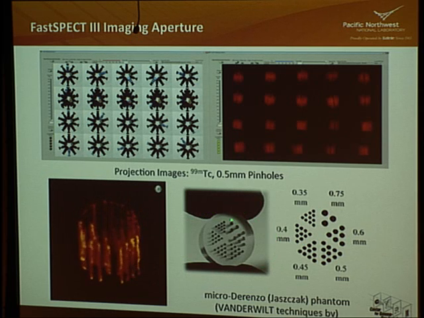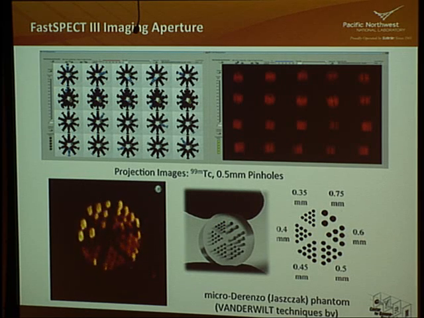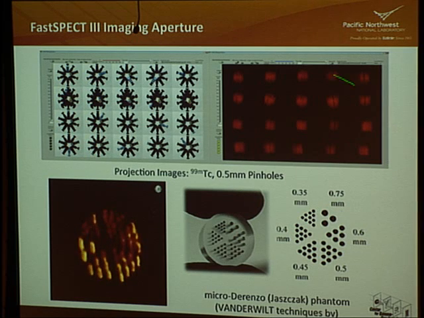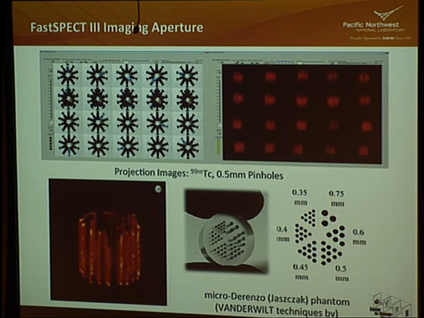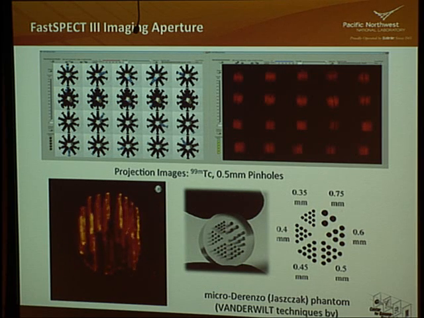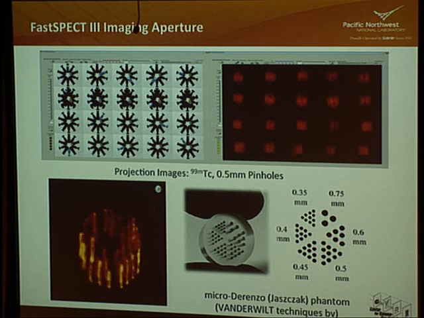The smallest holes here are 350 microns in diameter, filled with a technetium radiopharmaceutical. These are the 20 projection images acquired from the cameras. We take that series of projection images and use them to reconstruct the 3D object shown here at very high resolution.